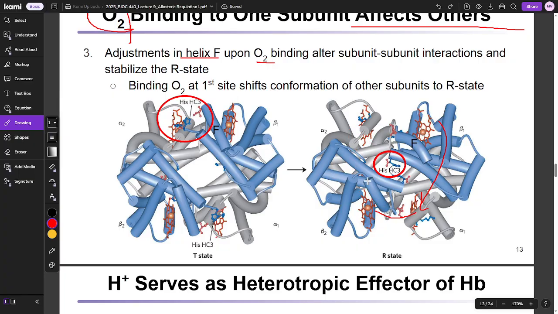You can see here in the middle how this histidine C3 is there, but it's been shifted over here in the R state. So when you bind O2 at the first site, it causes these changes that ultimately affect all of these histidines, all of these sites.